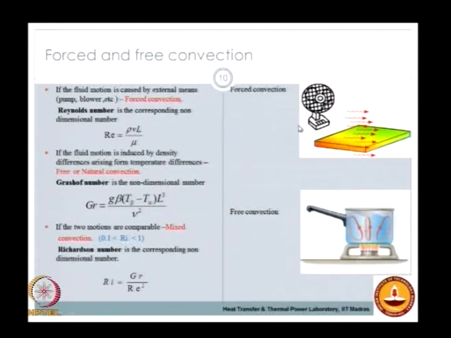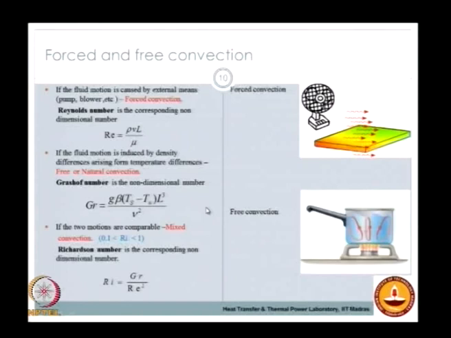Now this is one category of flows which we will be looking at in the initial part of the course. Most of the time there are flows where you do not have to put in any effort or really drive them, and they happen all by themselves due to density differences.